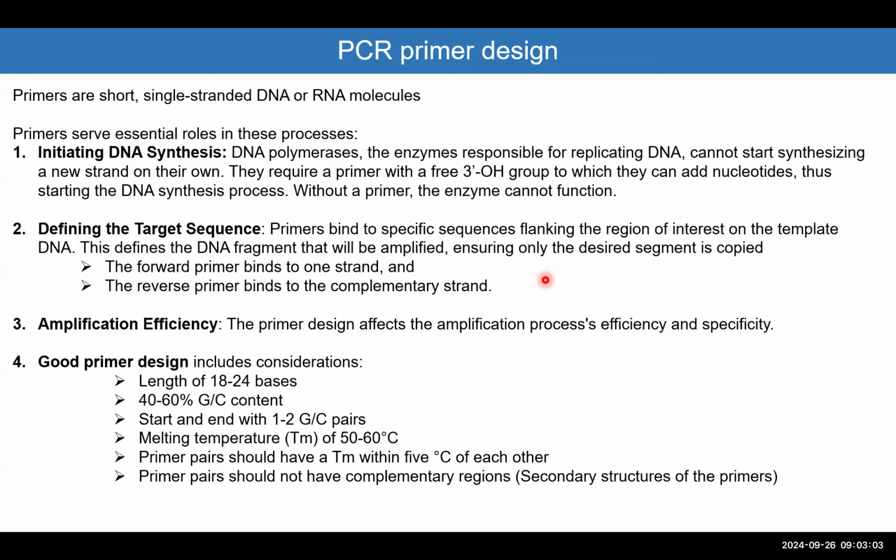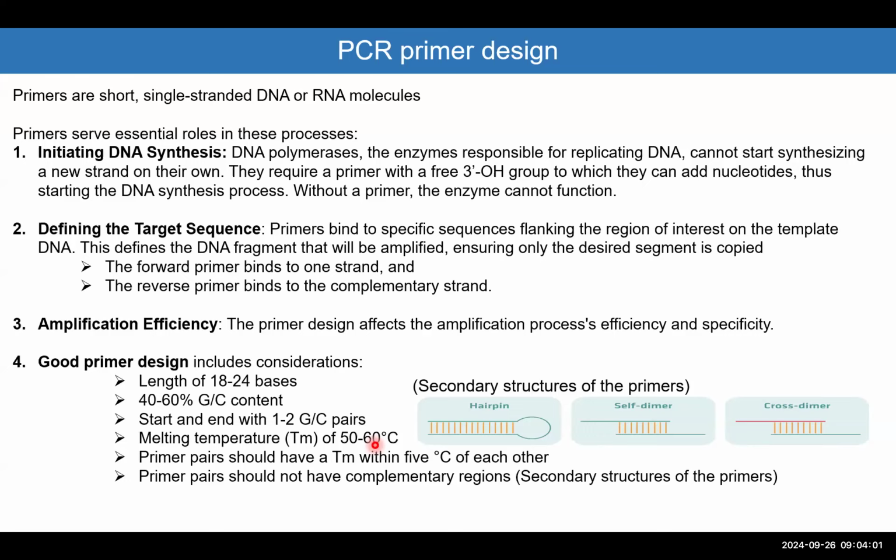The melting temperature between 50 to 60, that's because most of the annealing takes place in this range, and the polymerase normally works at a range that is a little bit higher. So you want your primer to attach well under the conditions where the polymerase is performing the amplification.